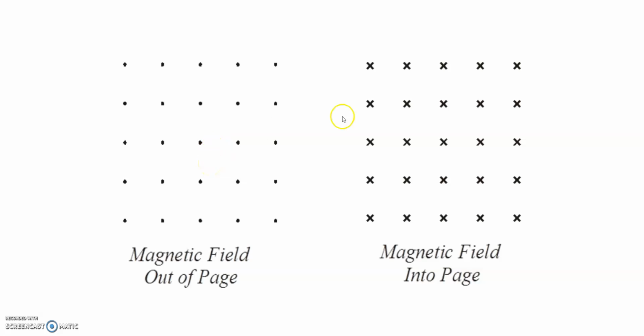The way I like to remember this is that if you were to shoot an arrow into the page, you would see the tail of it, the feathers and whatnot. And if you were to shoot an arrow coming out of the page, toward you, you would see the little dot of the sharp part of the arrow, the tip.